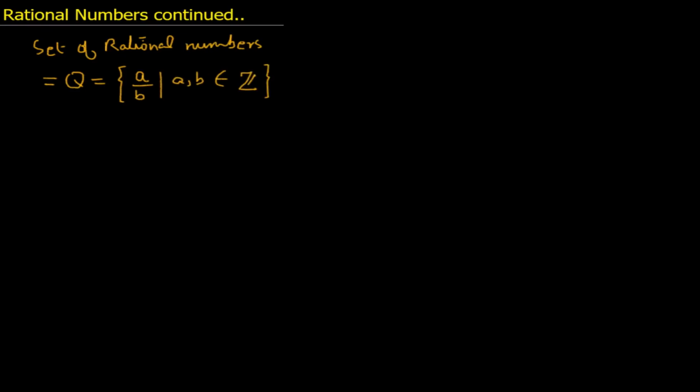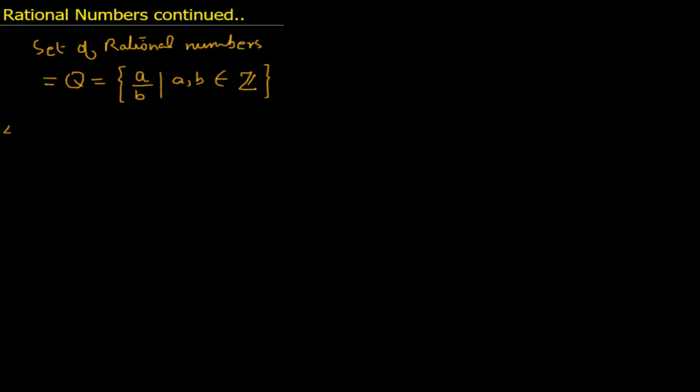So A and B could be positive or negative integers, but B is not 0. So we define the set of rational numbers as Q, such that Q is A divided by B, and A and B both belong to the set of integers.